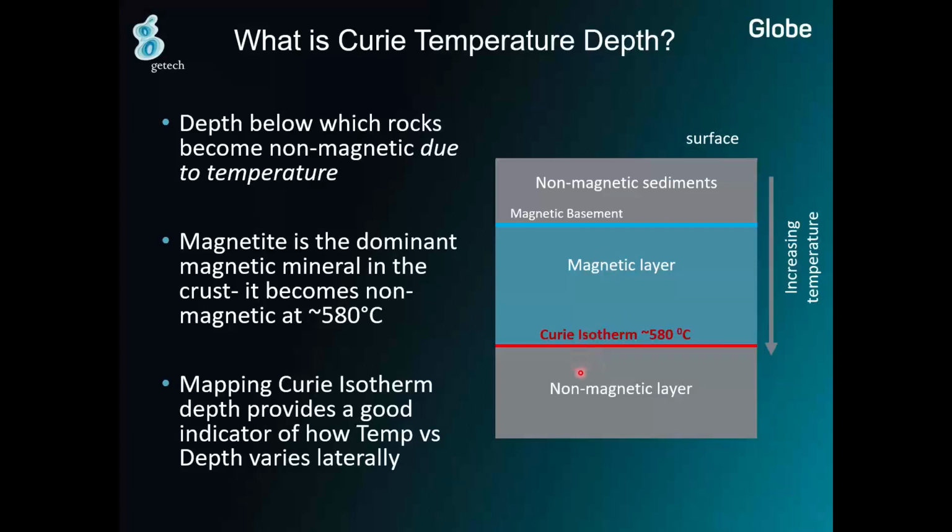Once we go beyond the Curie isotherm, the rocks become non-magnetic again. So if we can map this surface, the bottom of this magnetic layer, that can provide us with information to produce a model of temperature with depth and how it varies laterally across the globe.